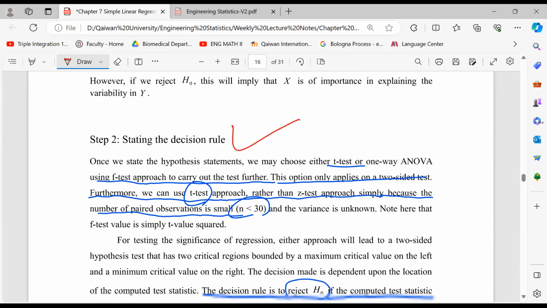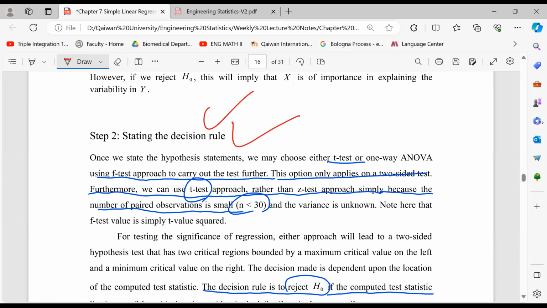We have 4 steps. First, we write down the hypothesis. In the second step, we state the decision rule. Here we say we reject H naught if, let's say, t-test.